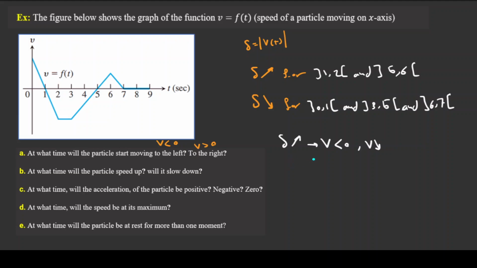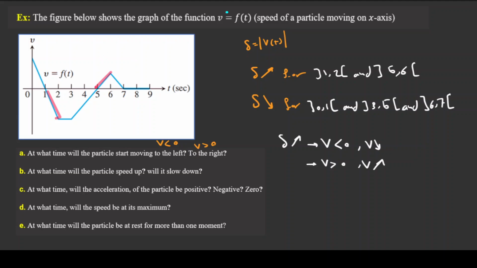Also, when velocity is above the x-axis, it speeds up when velocity is increasing. So the particle speeds up when velocity is negative and decreasing, from 1 to 2, and also when velocity is positive and increasing, from 5 to 6. Why?